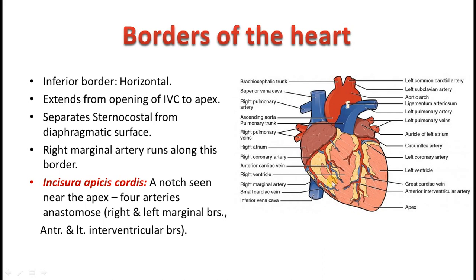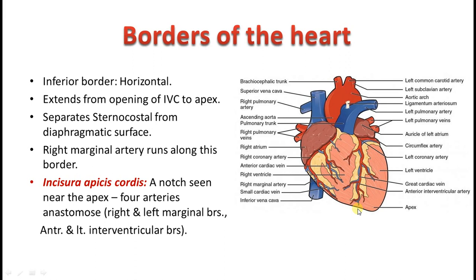Along this border you see the right marginal branch of the right coronary artery. The right marginal artery runs along this border and is a branch of the right coronary artery. Near the apex, along the inferior border, you see a slight notch called the incisura apicis cordis.